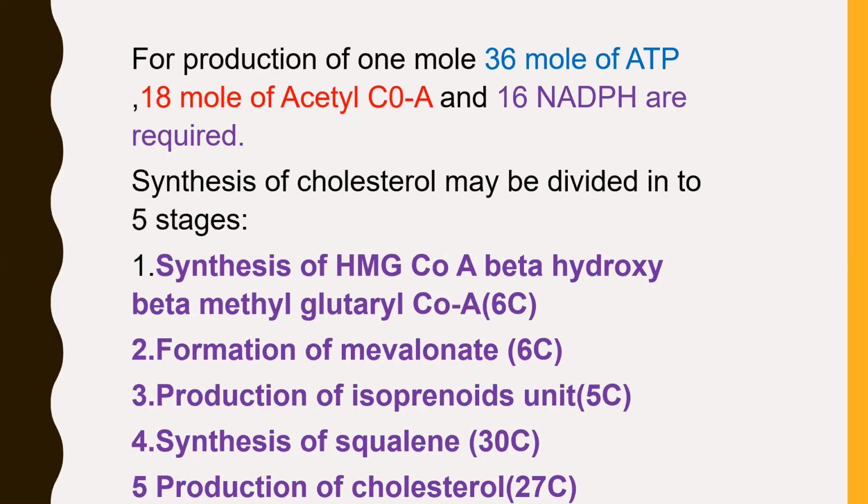Synthesis of cholesterol may be divided into 5 stages. 1. Synthesis of HMG coenzyme A, that is beta hydroxy beta methyl glutaryl coenzyme A, having 6 carbon atoms. 2. Formation of mevalonate. 3. Production of isoprenoids. 4. Synthesis of squalene. And 5. Production of cholesterol.